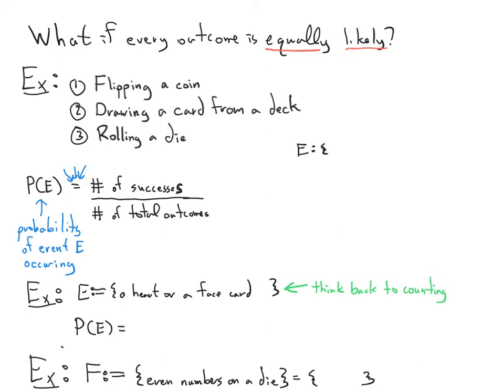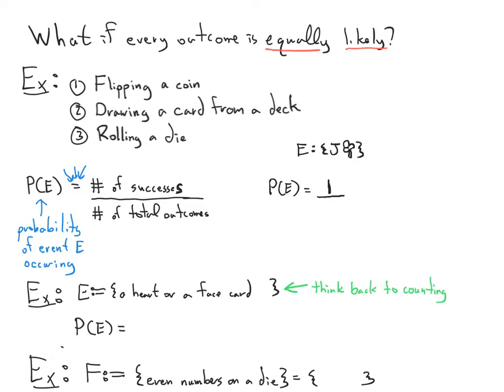So a very simple one is, let's say our event E is just the Jack of clubs. That's the only thing in our event E. It's just the single outcome of the Jack of clubs. Then the probability of E occurring, well, there's only one Jack of clubs in a deck of cards if our experiment is just drawing one card randomly from a deck.